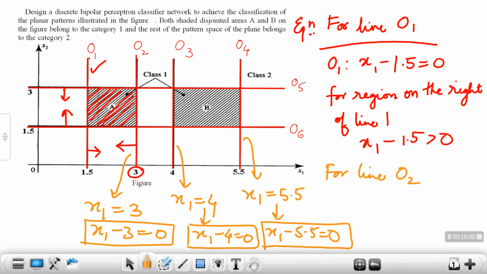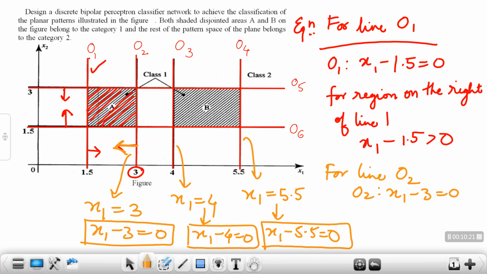Now if you see for line O2, we are interested in the region which is on the left hand side and not on the right hand side of the line. So for line O2, x1 minus 3 is equal to 0.